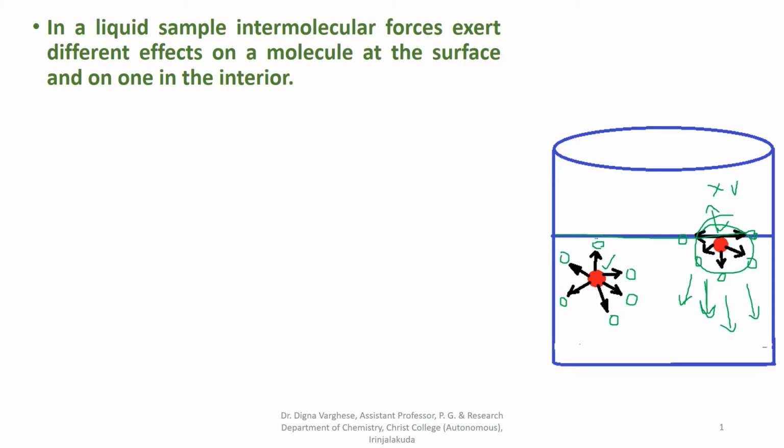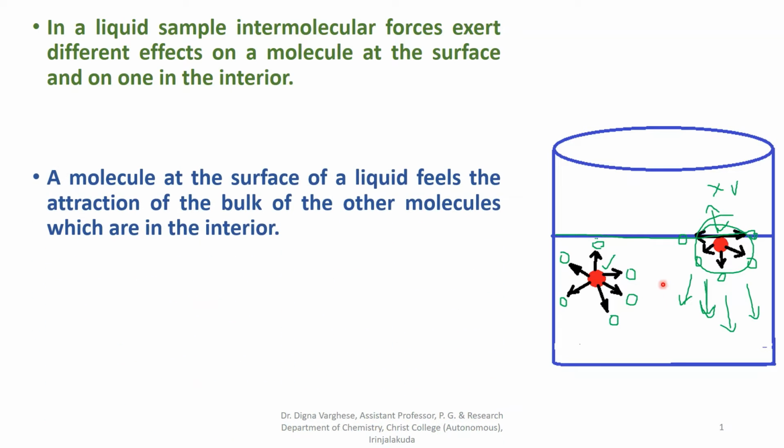Once again I will tell you, children, the molecules present at the surface of a liquid feel the attraction of the bulk of the other molecules which are present in the interior. That is, they feel a resultant inward pull from the molecules in the bulk of the liquid.